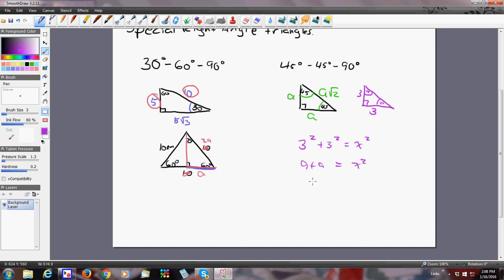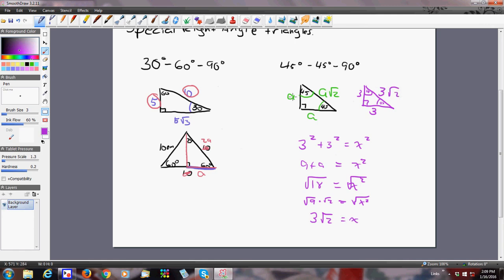I have two groups of 9, which is 18. If I square root this, obviously I'm going to get radical 9 times radical 2, because 2 times 9 is 18, and we knew that anyway, equals radical X squared. So I get 3 radical 2 equals X.